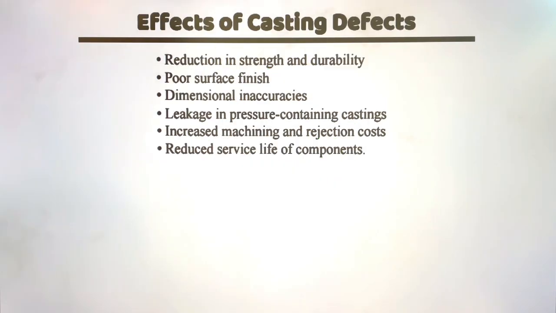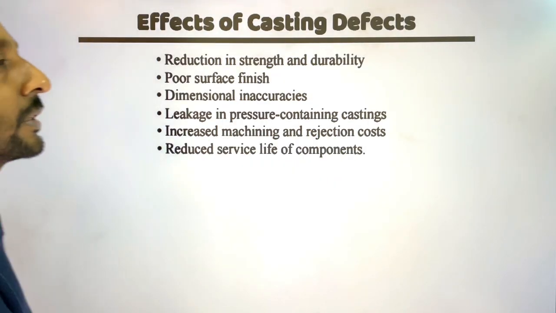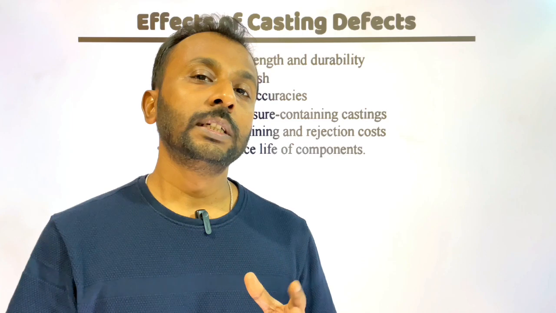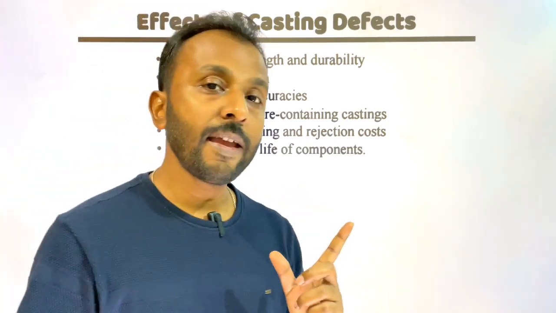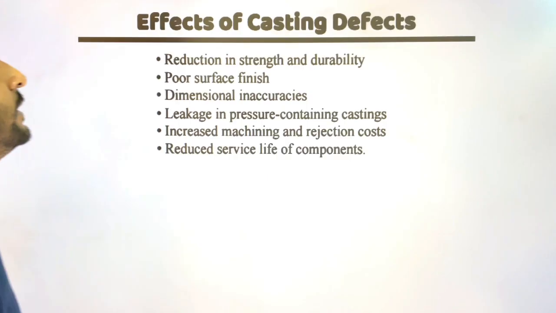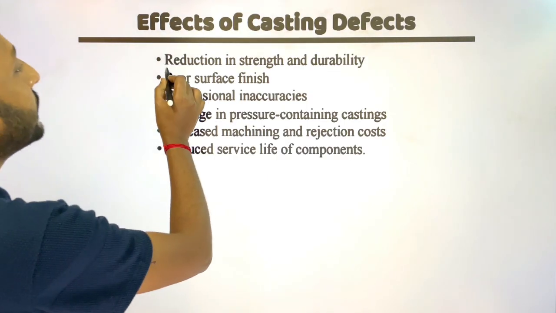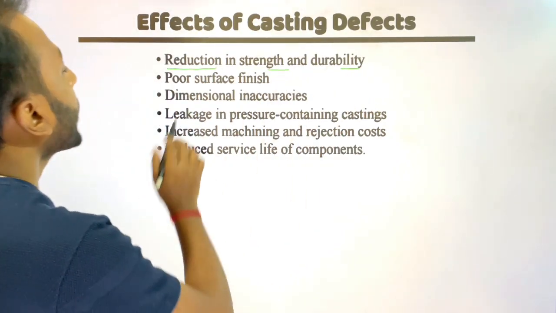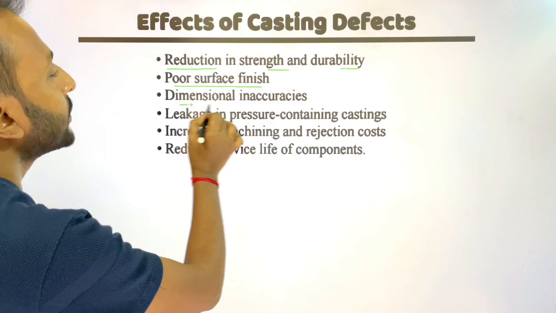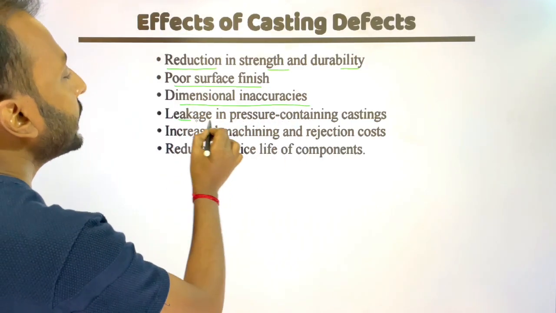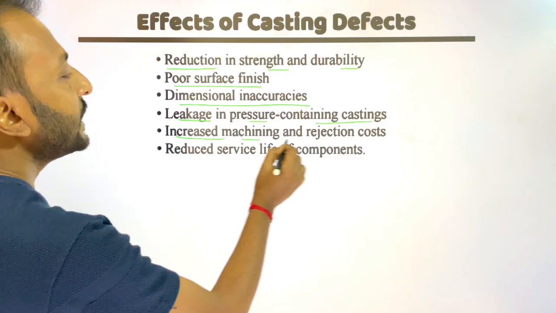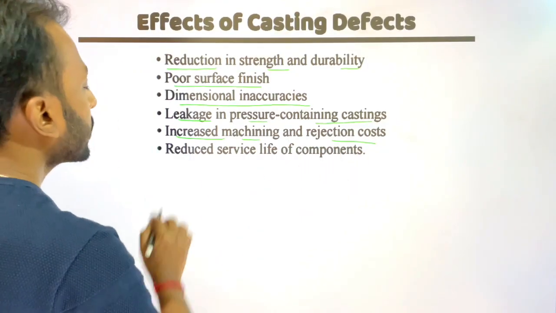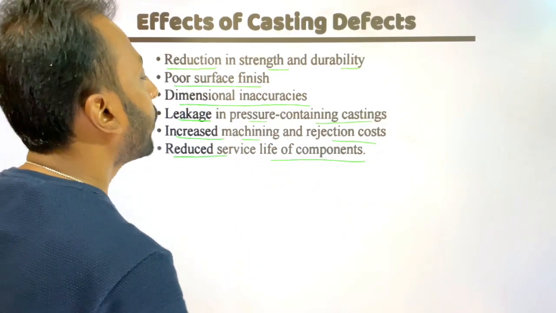So what are the effects of these casting defects? When we are doing this casting process and a defect occurs, it can affect the overall life of the casting product. Firstly, reduction in strength and durability, poor surface finish, dimensional inaccuracies, leakage in pressure containing castings, increased machining and rejection cost, reduced service life of components.